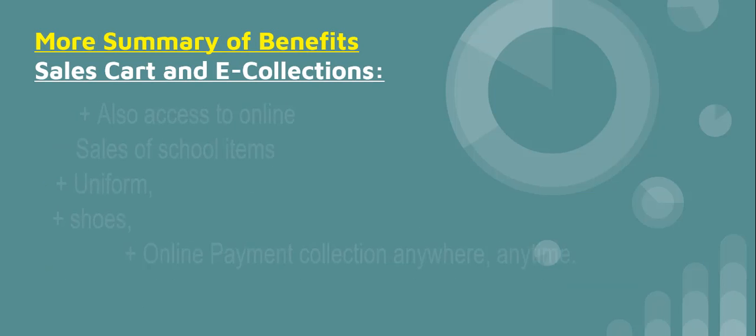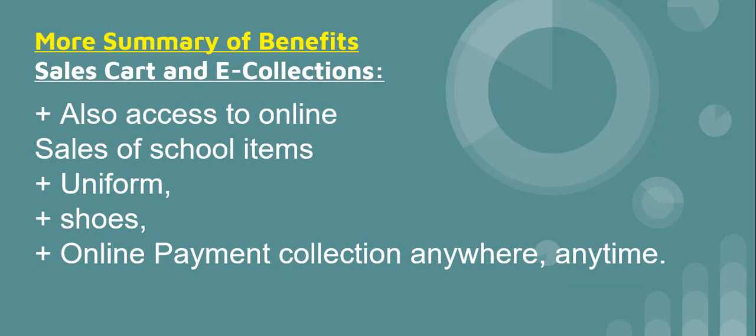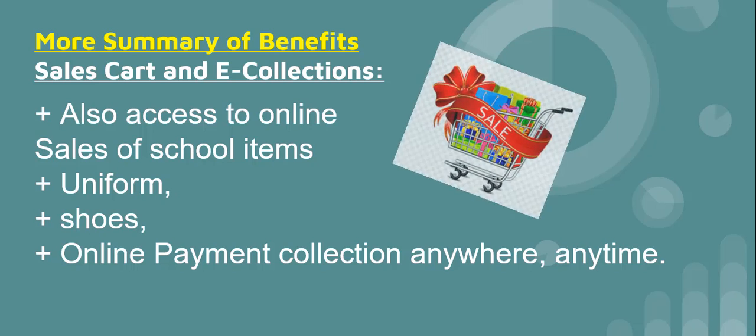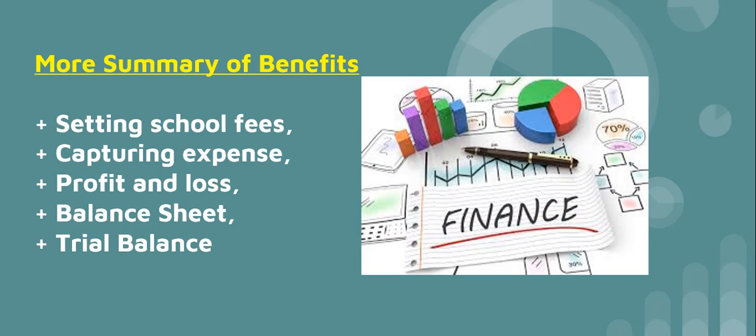We're also going to show you the sales cards, e-collection, school fees, shoes, online payment, setting of the school fees, capturing your expenses, generating your profit and loss, your balance sheet and trial balance.